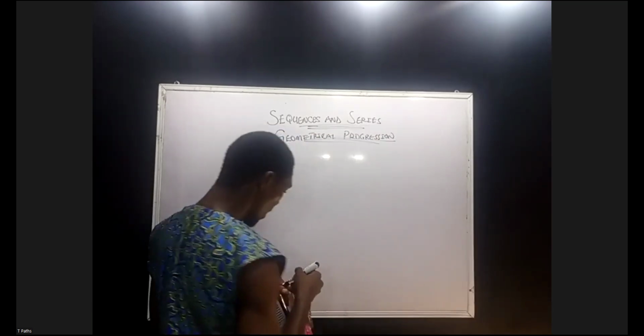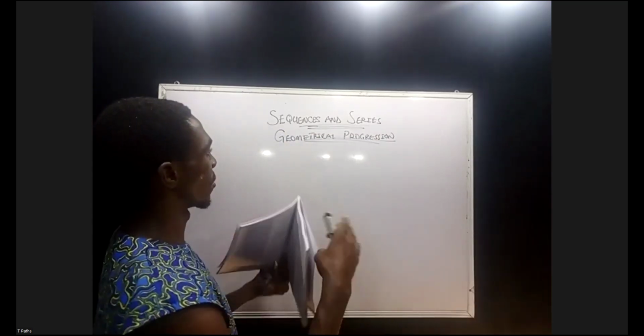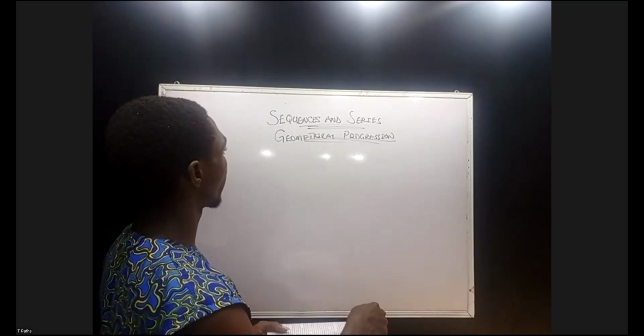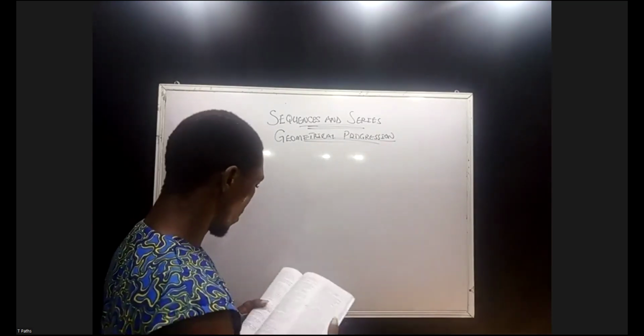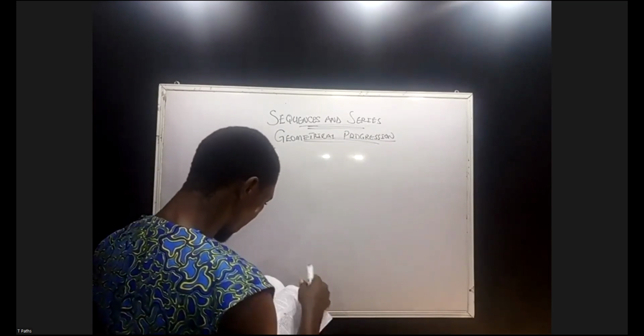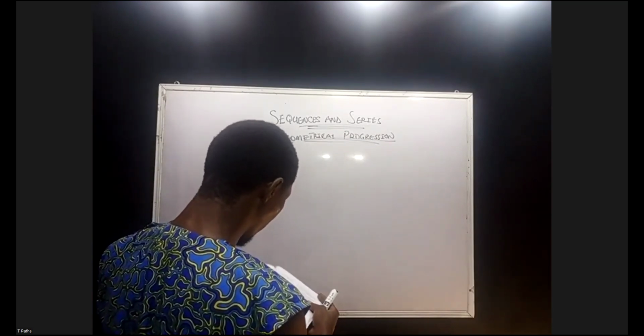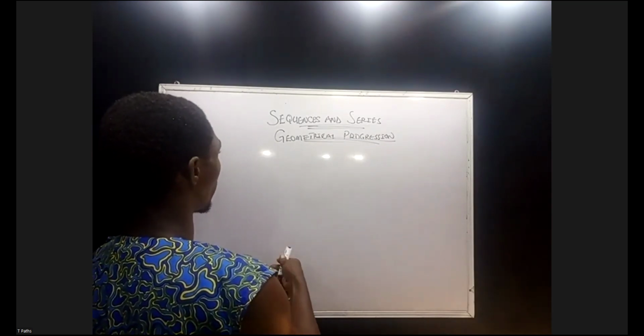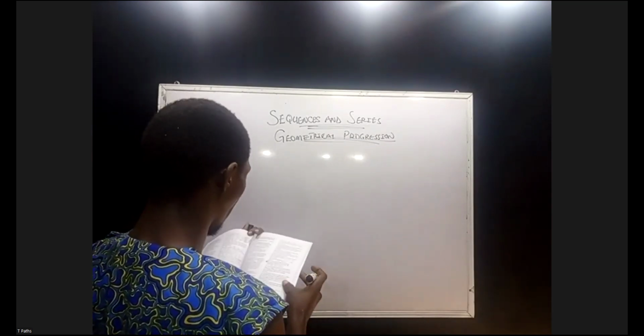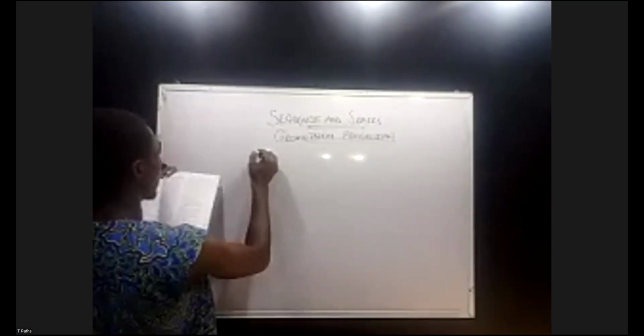Okay. Still on the geometrical progression, I bring out a question on geometric progression. Then we move forward. Looking at my past question, I have question 50 on your page 79. Question 50, page 79. Something I can write. So let's see.